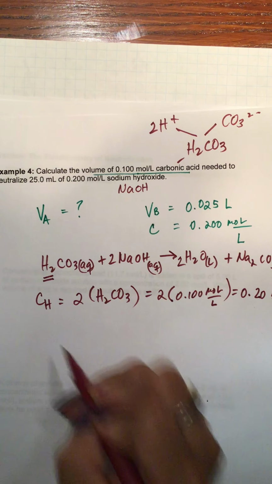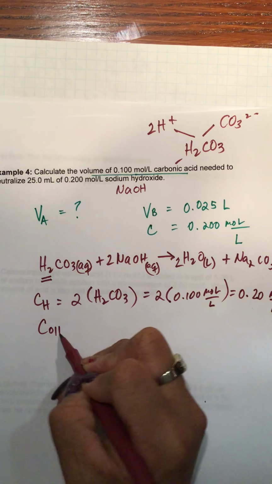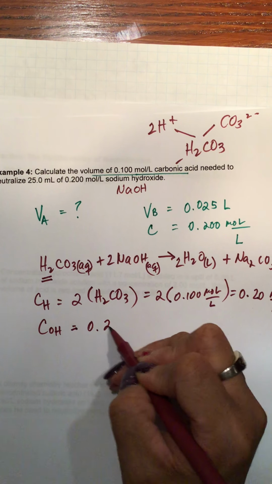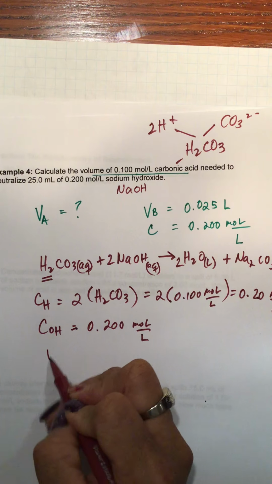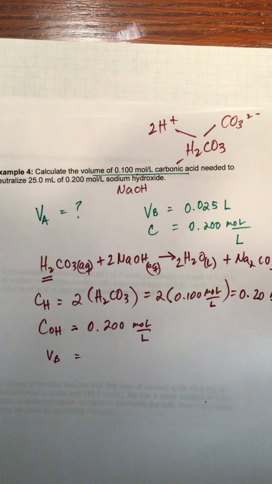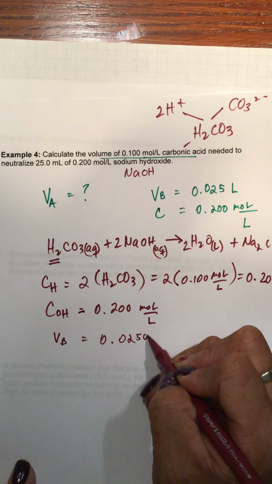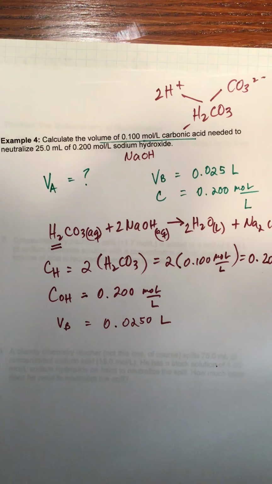The volume of the acid is what we're looking for. We know the concentration of the hydroxide is 0.2 moles per liter, and the volume of the base, sodium hydroxide, is 0.025 liters, which is given as well. So now we can put it in the equation.